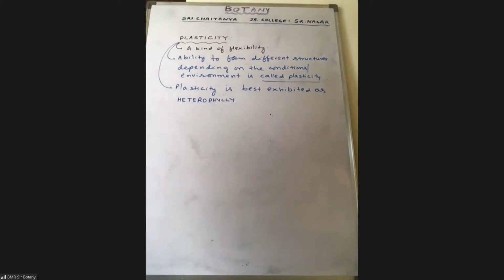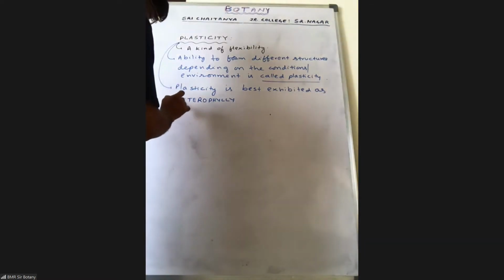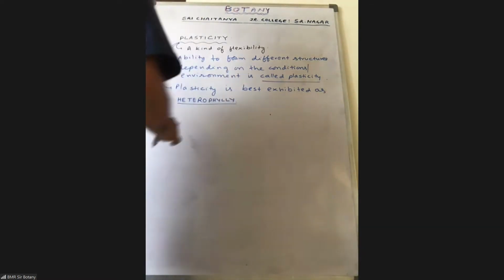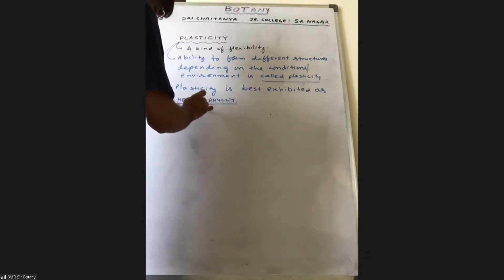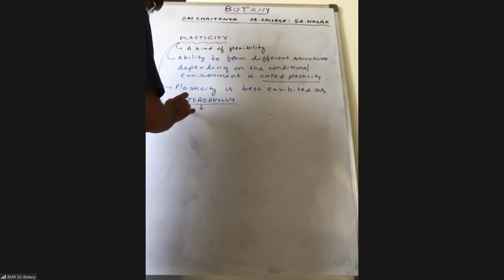Best exhibited as heterophily. Phylli, Nana, means production of two or more types of leaves on the same plant.